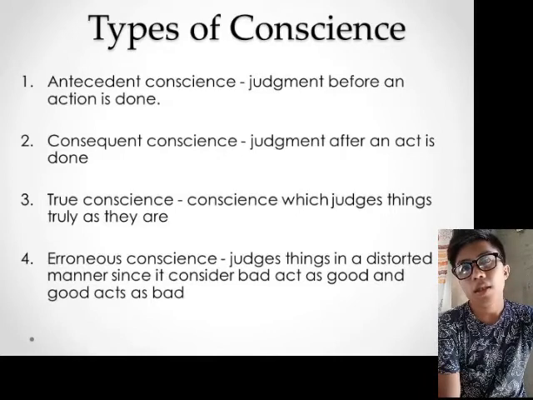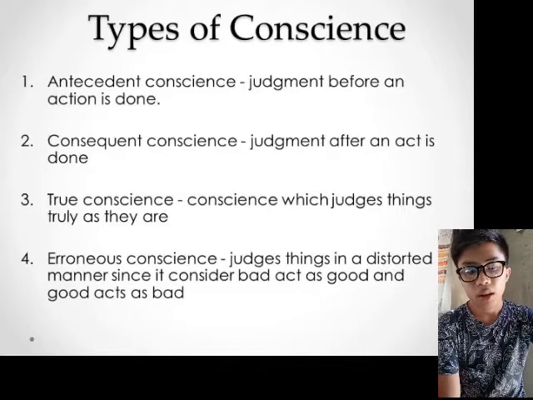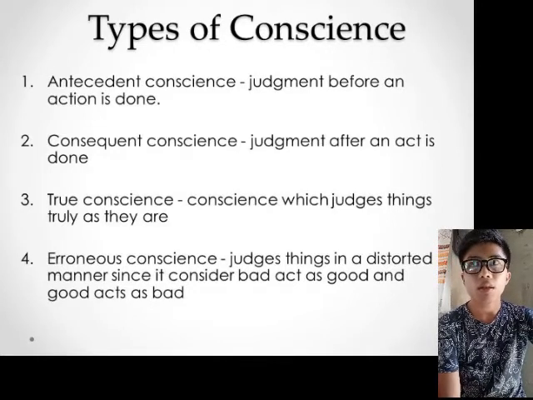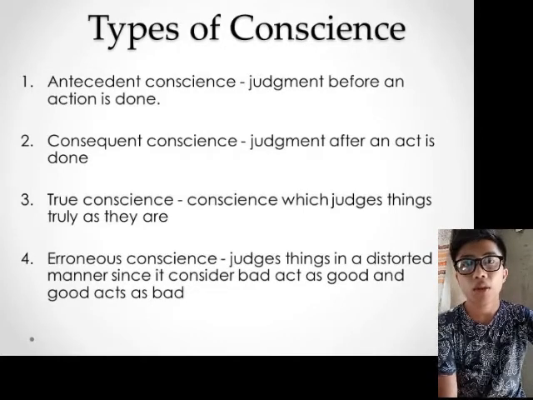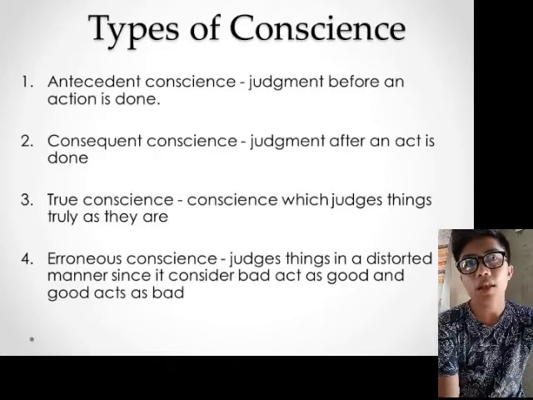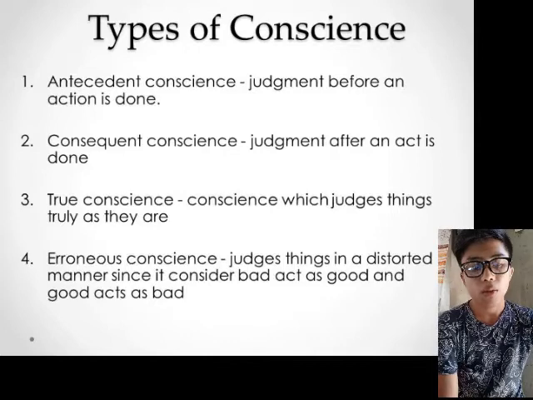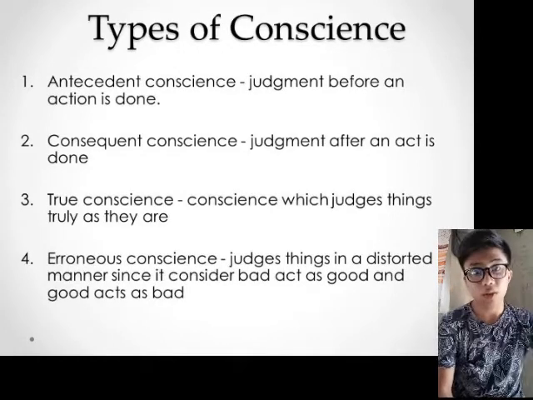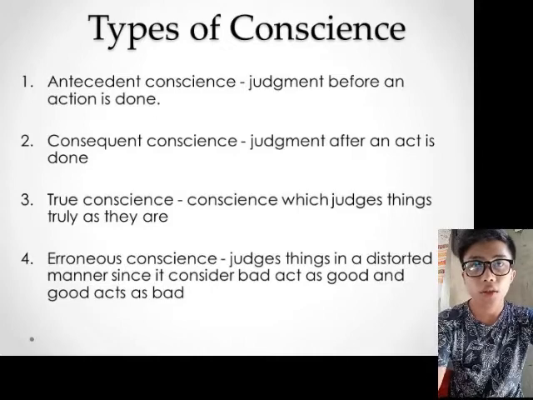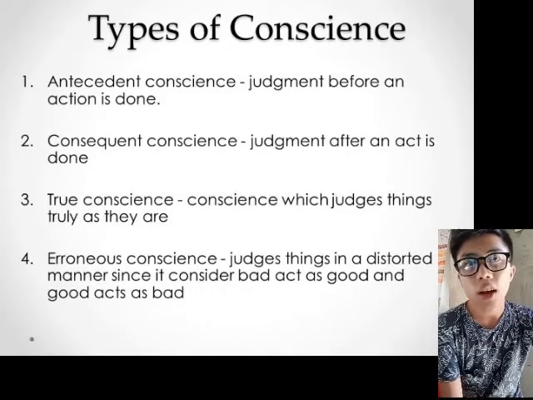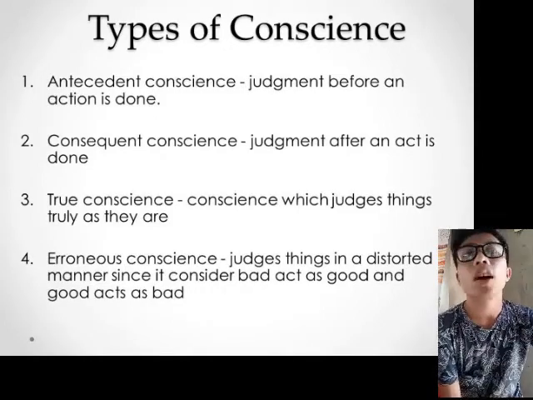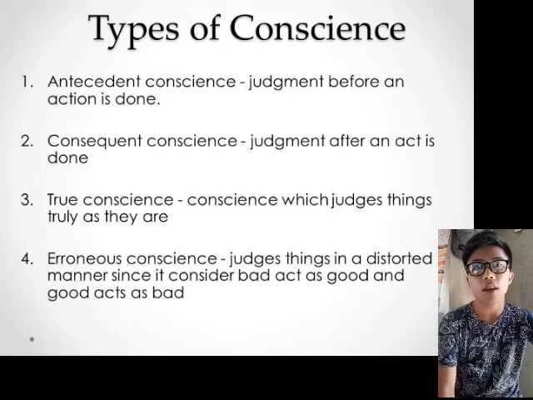Number 1, antecedent conscience. It is the judgment before an action is done. From the word antecedent, it is a preceding or coming event. Number 2, consequent conscience, judgment after an act is done, a conscience that follows the result. Then true conscience, a conscience which judges things truly as they are.